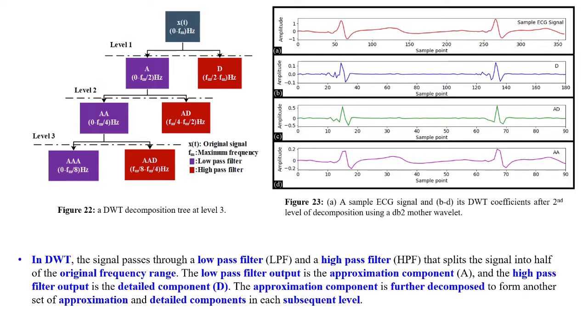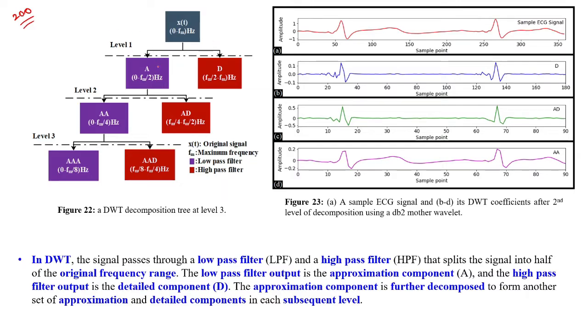Okay. Now, over here, suppose you have a signal x(t), and it has a frequency component of 0 to fm. Say, for example, I take fm as 200. In the discrete wavelet transform, we divide the frequency component into two equal halves.